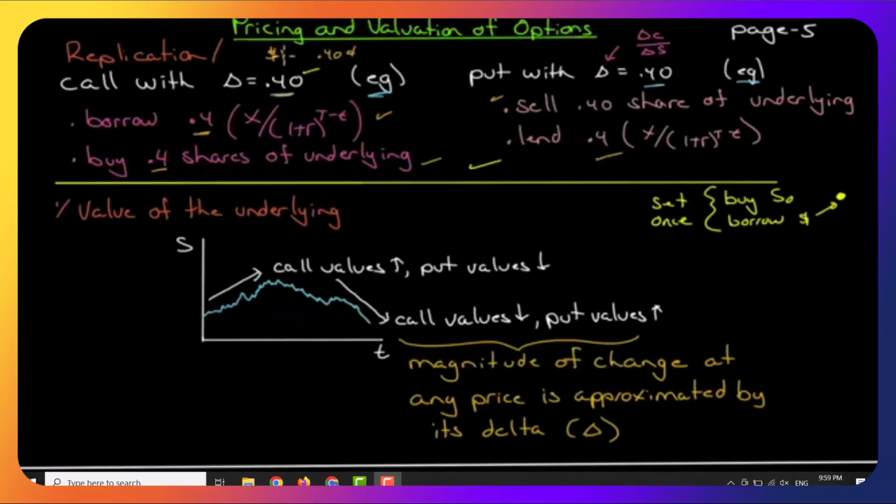So if the stock price goes up $1, we would expect the call to go up 40 cents, but the new delta might be 0.42. Well, now we are not replicated. So we would have to borrow another 0.02 of the present value of the strike price and buy another 0.02 shares of the underlying, so that we now have 0.42 shares of the underlying.